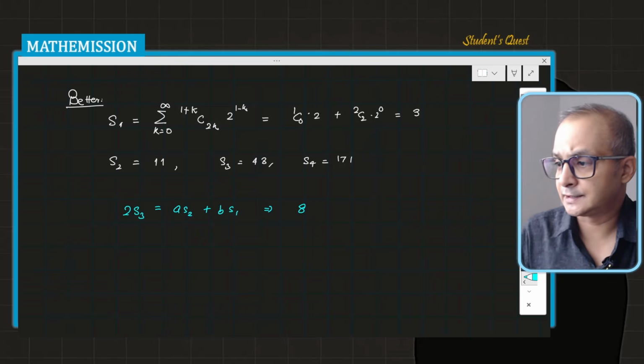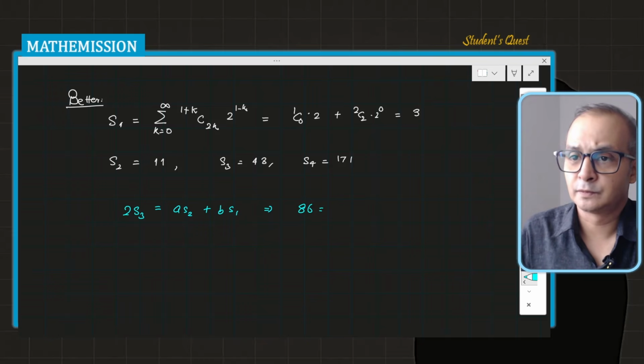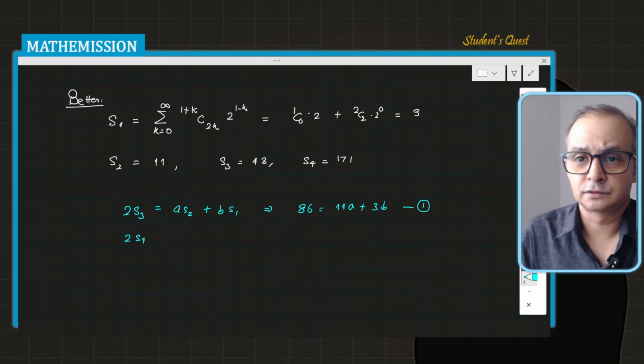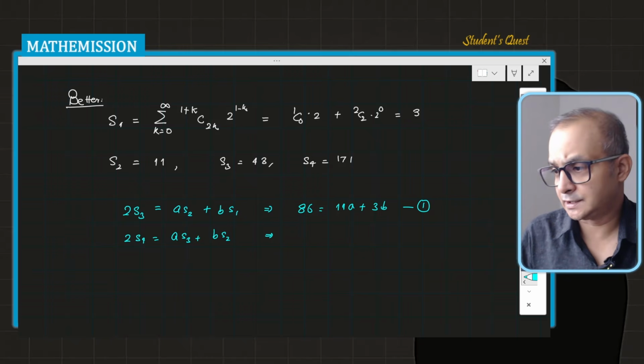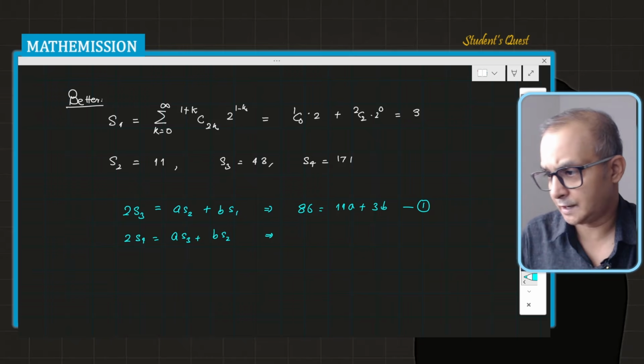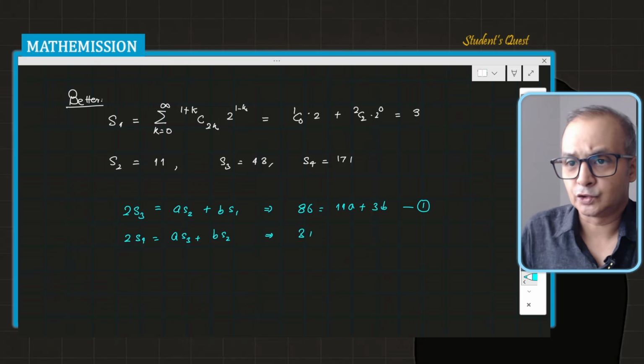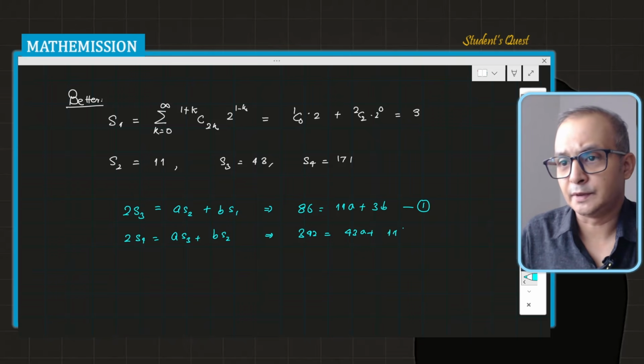So 86 is equal to 11a plus 3b. This is one equation, and the second equation is going to be 2S4 is equal to aS3 plus bS2, and that also I have calculated, and I'm very bad at calculating, you know that. So 342 is going to be 43a plus 11b.